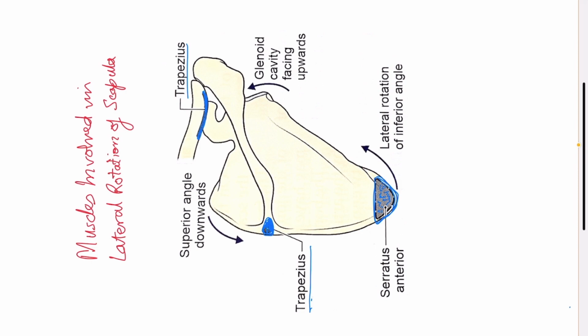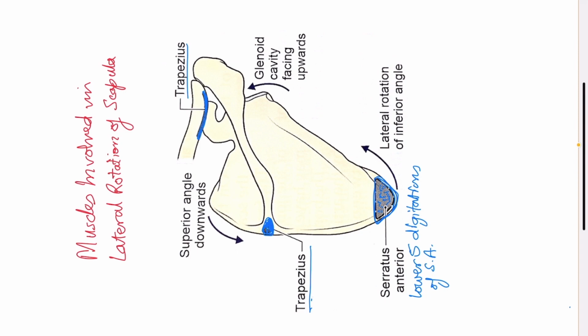This is the insertion of the lower 5 digitations of serratus anterior. The upper 3 digitations are on the medial border, costal surface of the scapula, and are meant for protraction of the scapula.